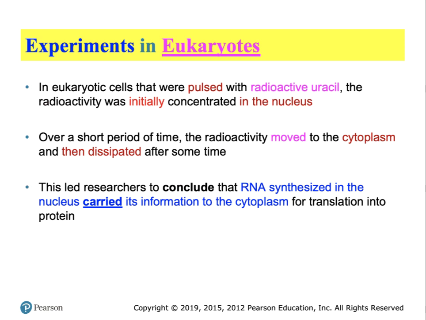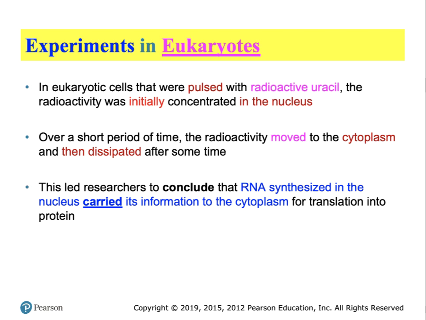Similar experiments in eukaryotes yielded a slightly different outcome. First, the radioactive material, in this case uracil, was located in the nucleus of all cells. After a short period of time, the radioactivity was seen to migrate from the nucleus to the cytoplasm, before it also dissipated, but this time period was much longer than in bacteria.